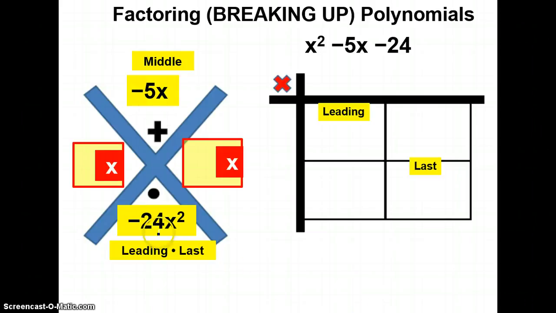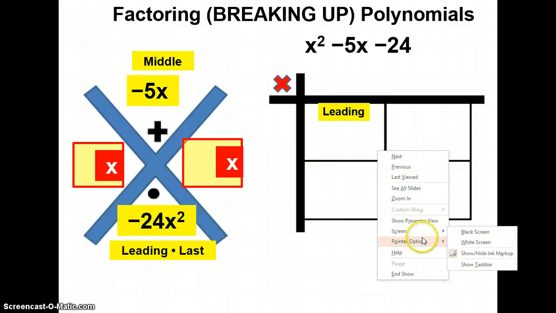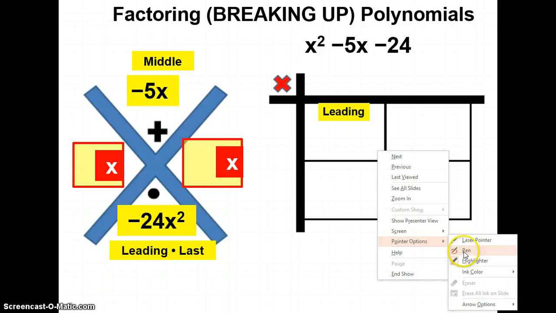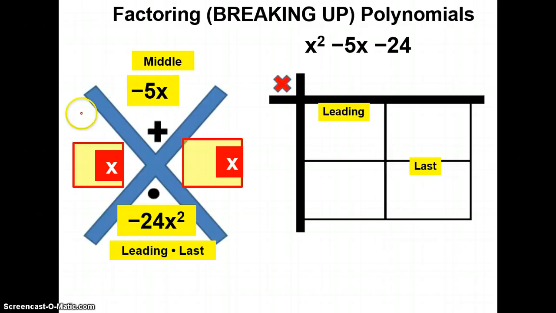Now they're both negative. So again, if you need to, make sure you're listing out your multiples. 1 times 24, 2 times 12, 3 times 8, 4 times 6.